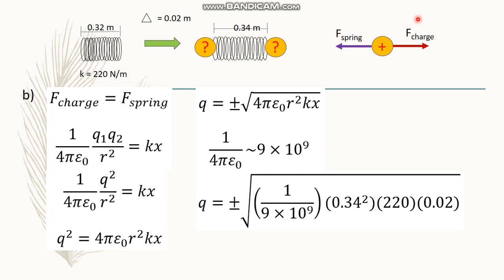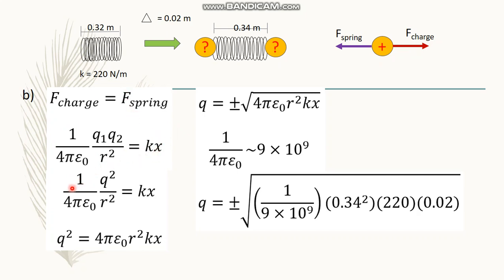So the force created by the charge on this positively charged object is the same magnitude as the force created by the spring on this charged object, because this system is in equilibrium. So therefore, F charge is equal to F spring. F charge is just given by Coulomb's law: 1 over 4 pi epsilon naught, Q1 Q2 over r squared. And F spring is kx.